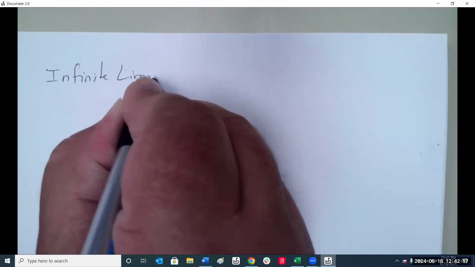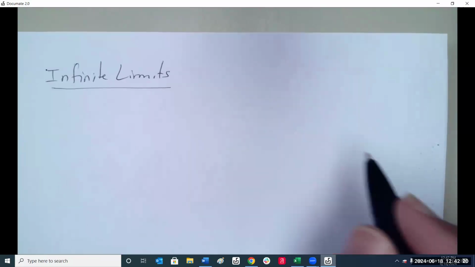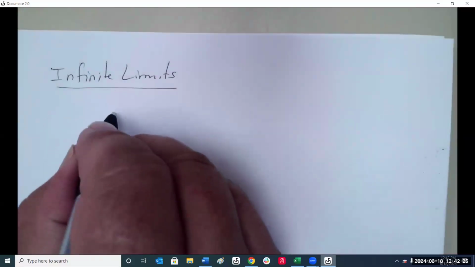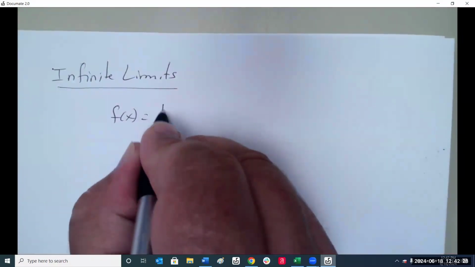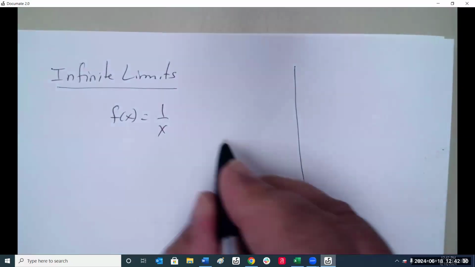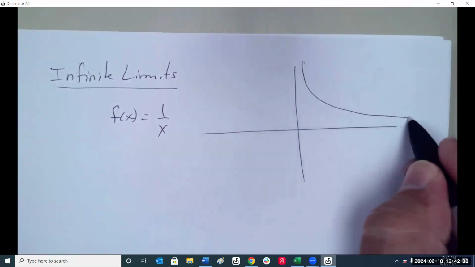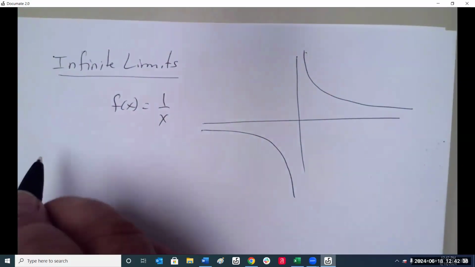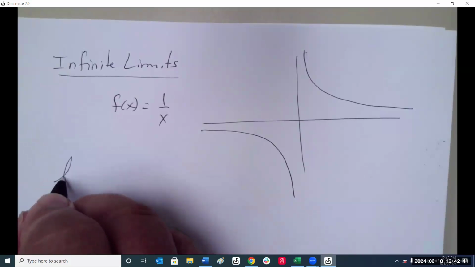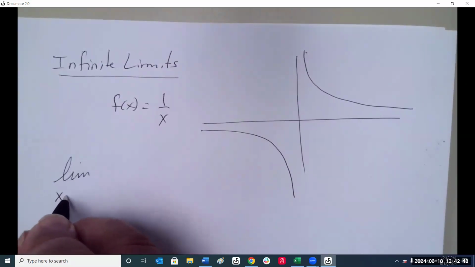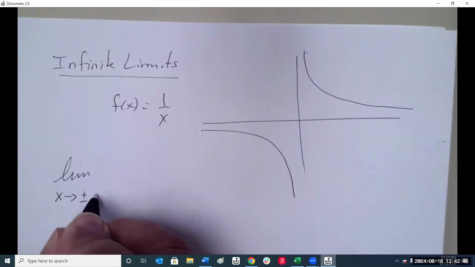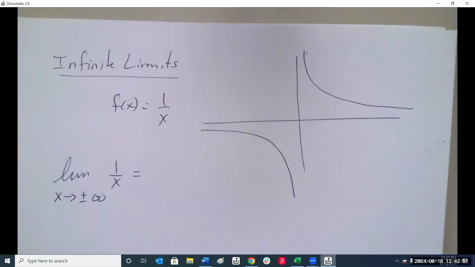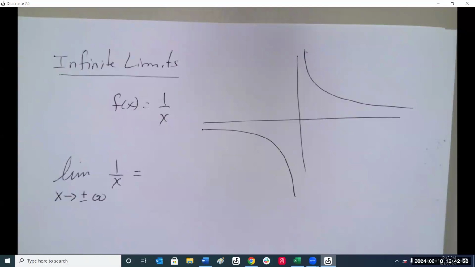Next topic. Infinite limits. For example, our function that we've been talking about, 1 over x, the limit of our function as x goes to infinity, positive and negative, was what?